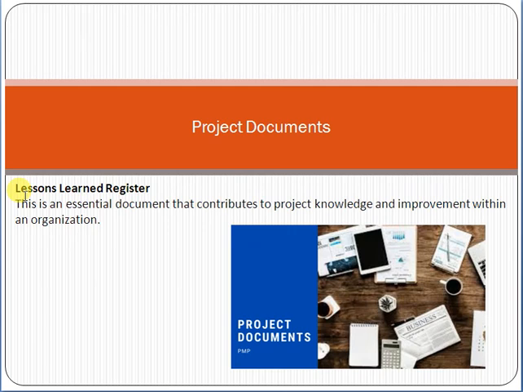The main objective is that whatever went wrong, we can learn from it and avoid those mistakes in our future projects. And if anything goes very well, we can learn from it and repeat those things in future projects as well. So the main objective is that we learn from our mistakes so that we can avoid them in future projects. This is the lessons learned document.